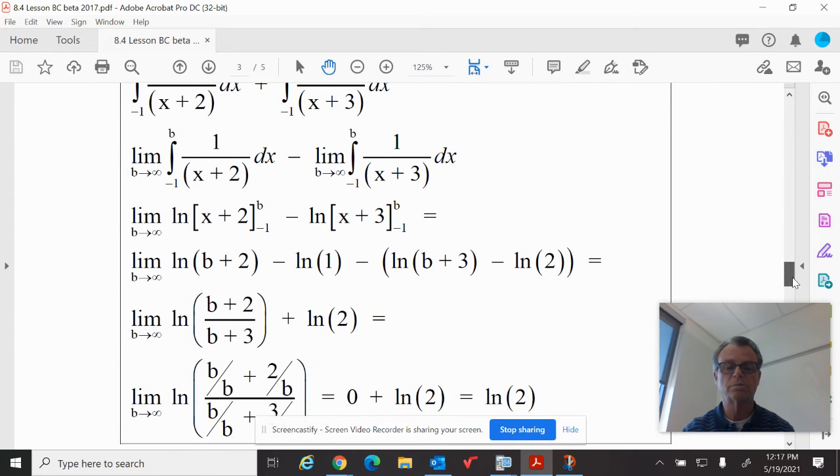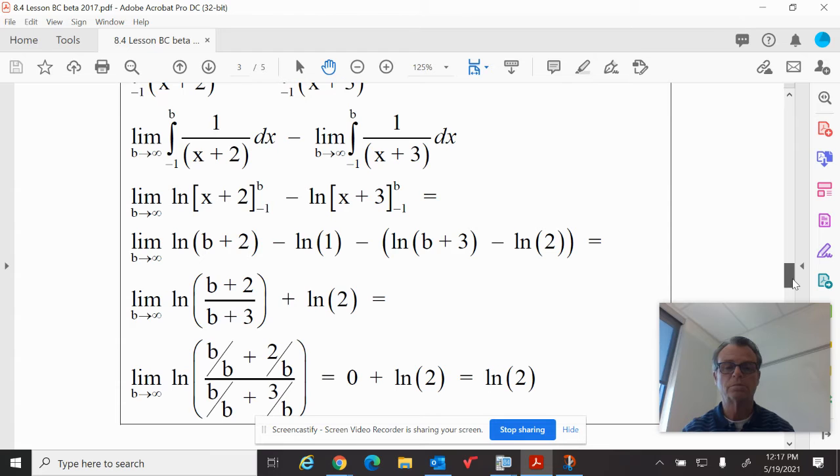When you look at this, it's essentially the same question with different numbers, and it ends up giving you ln 2. But this technique right here on this last line is the same thing as L'Hopital-ing. If you L'Hopital this, you would get the derivative of this would be 1 plus 0 over 1 plus 0. The same thing. The natural log of 1 is 0. Okay?